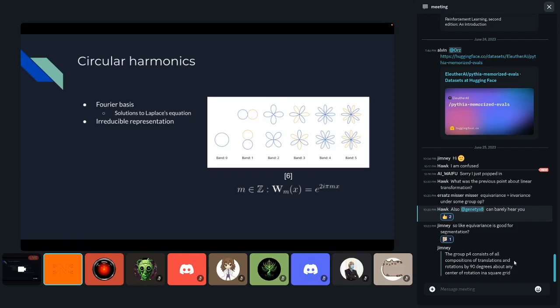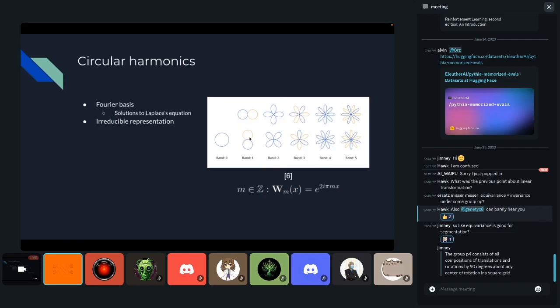You get a set of basis functions that go from points in a circle to some complex number. For every integer m, both positive and negative, you will get a corresponding circular harmonic. And they're just the same thing as the Fourier basis.